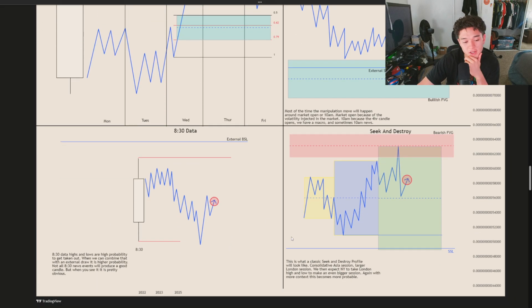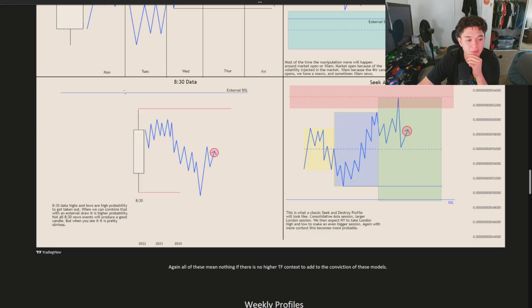Then we have 8:30 data. So when we get a big 8:30 candle, say it's CPI, PPI, some form of 8:30 news, usually we like to hunt out data lows and data highs. Whichever direction the market picks first, say we take out the data lows first, I then want to see us expand to the data highs after that.